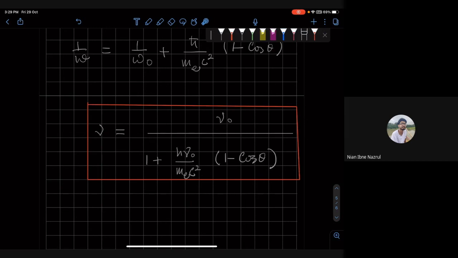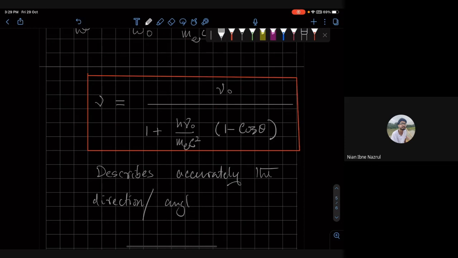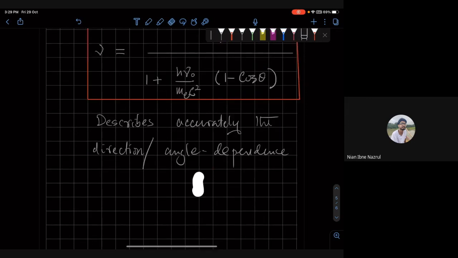Okay, so this is the Compton scattering formula, and it describes accurately the angle dependence of the scattered photon.